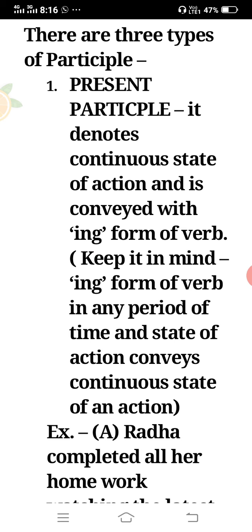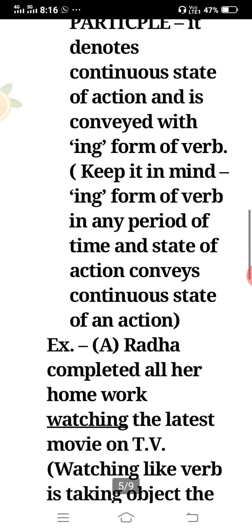Ing form in any period of time, at any state, in any tense, or in any grammatical structure always conveys the continuity of an action. So wherever we are going to convey the continuity of an action, just put ing to the first form of the verb. Okay. So this is present participle.